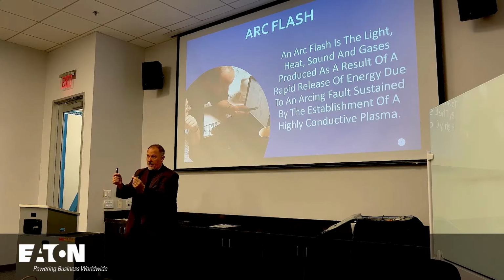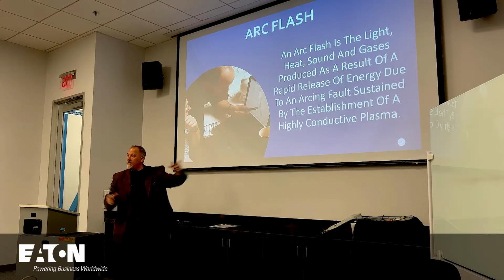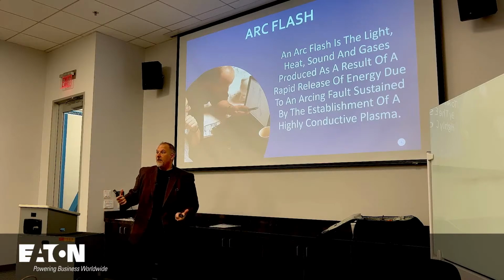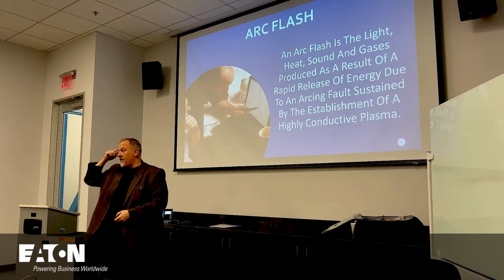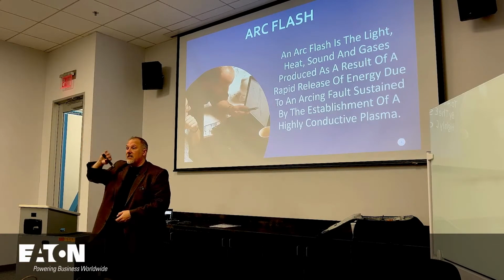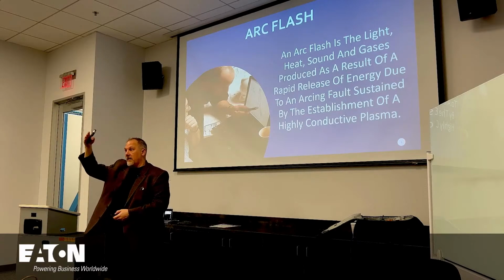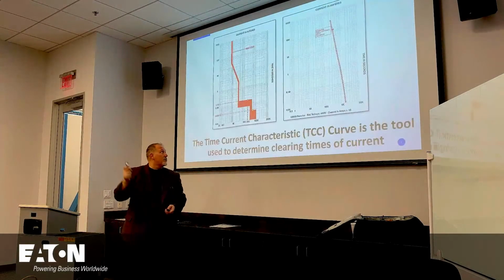Once you initiate an event, you'll get a highly conductive area that can propagate to the line side. So 1584, and I believe it is 1584.1, will tell you you need to consider a line side propagation or accidentally touching the line side conductors.